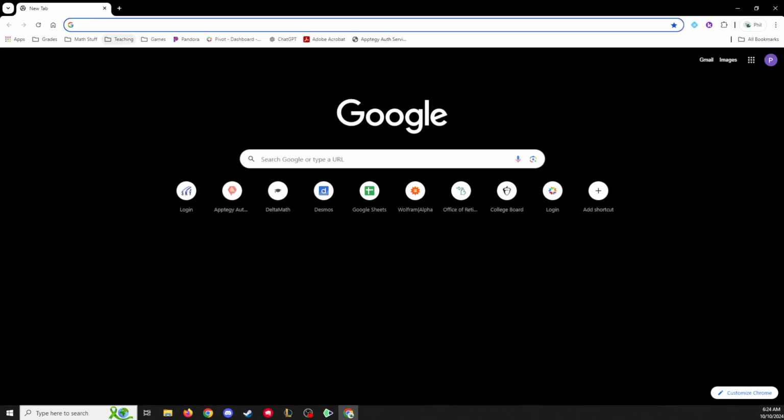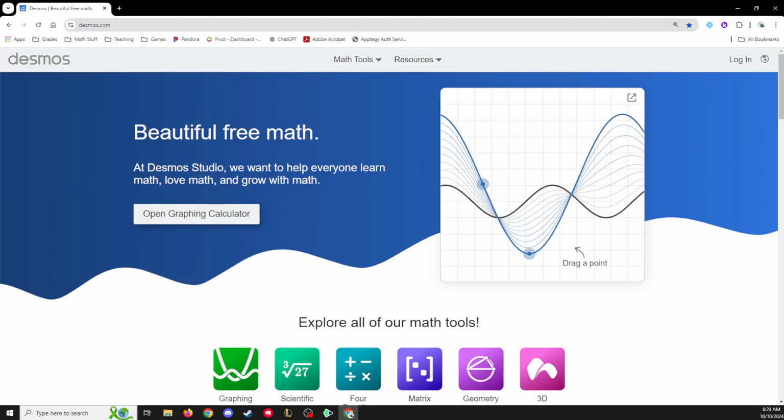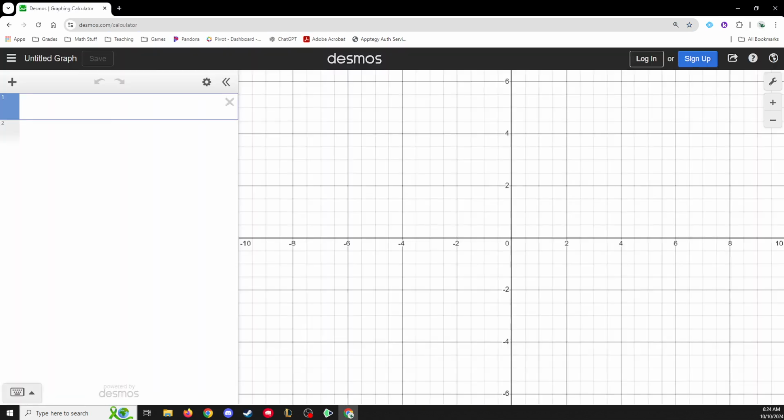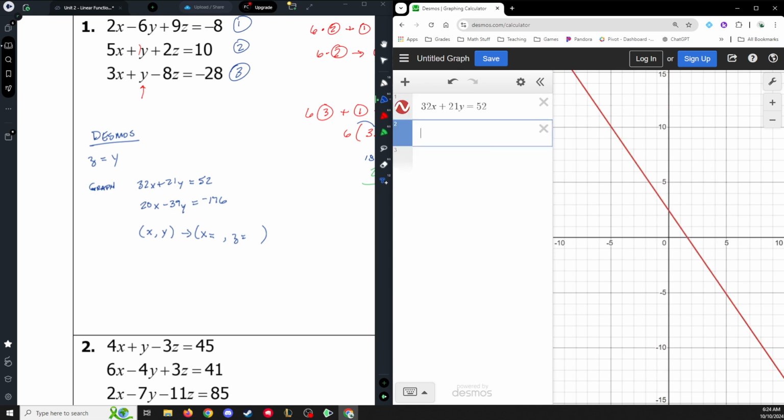So let's jump into Desmos here. All right, I've got Desmos. I'm going to take 32x plus 21y equals 52. The next one I'm going to take is 20x minus 39y equals negative 176.